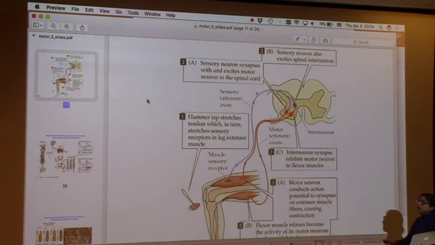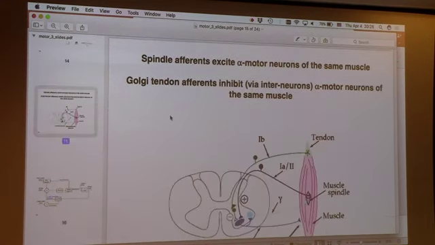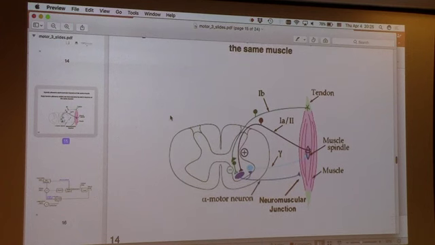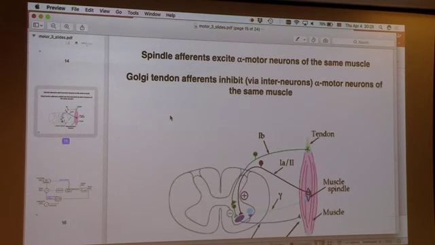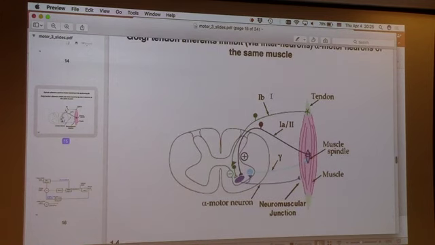So my guess is that what it says on that slide is an error. The slide that you talked about earlier. This one? Yeah, I think this is an error. Alpha motor neurons of the same muscle. I think it's the opposite. Or it might be that it's two different muscle pathways in different situations.